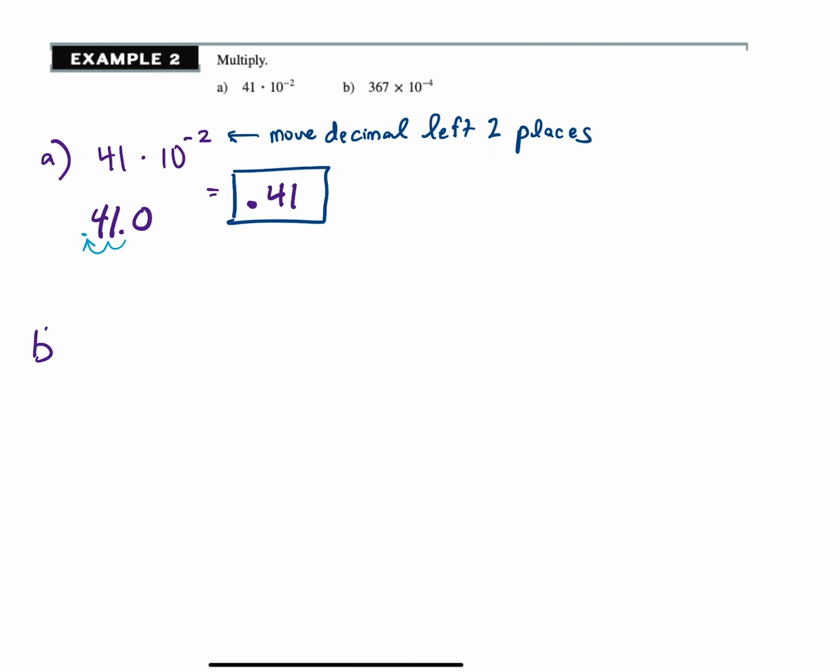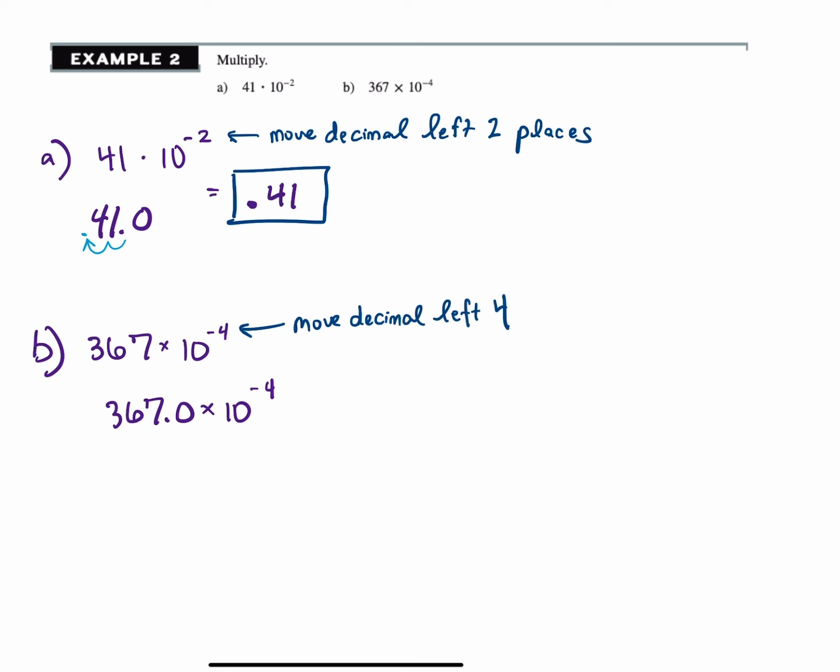For part B, we have 367 times 10 to the minus 4. I'm going to write this again as 367.0. If I'm imagining taking this decimal point, I'm going to move it to the left 4 spaces, because we have the minus 4 power. So I'll pick up the decimal.